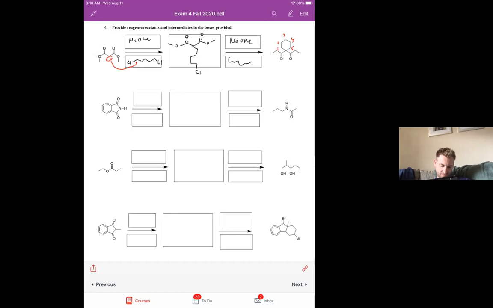We need to deprotonate it. You could add NaOH or KOH, either's fine. We're adding 3 carbons. We need to get rid of the phthalimide, so adding in hydrazine, followed by, we're making an amide, so we need an acid chloride.